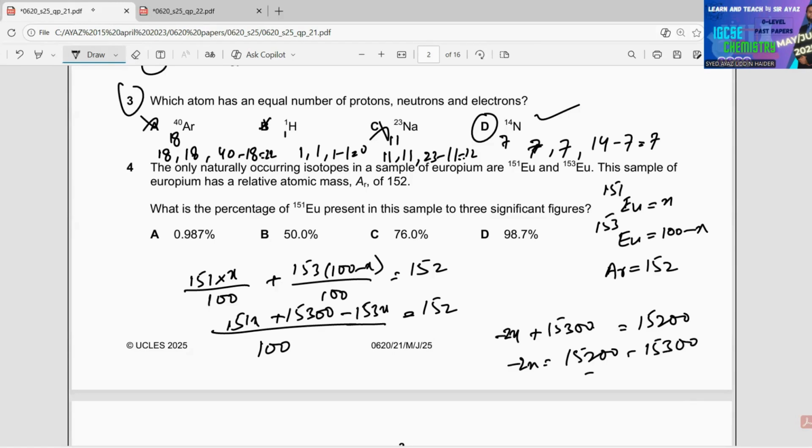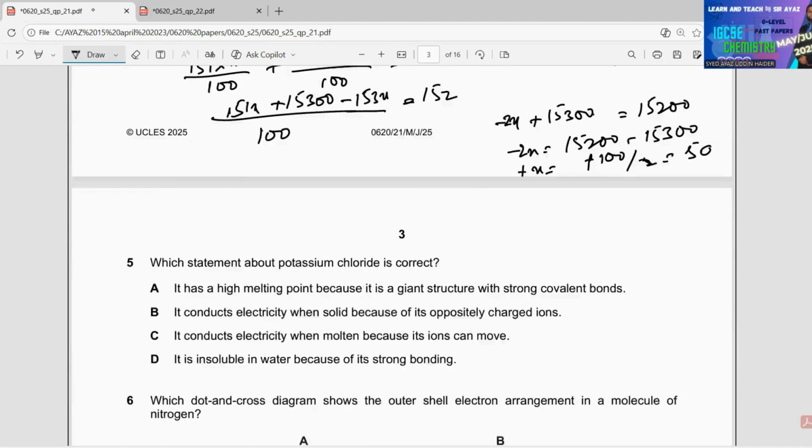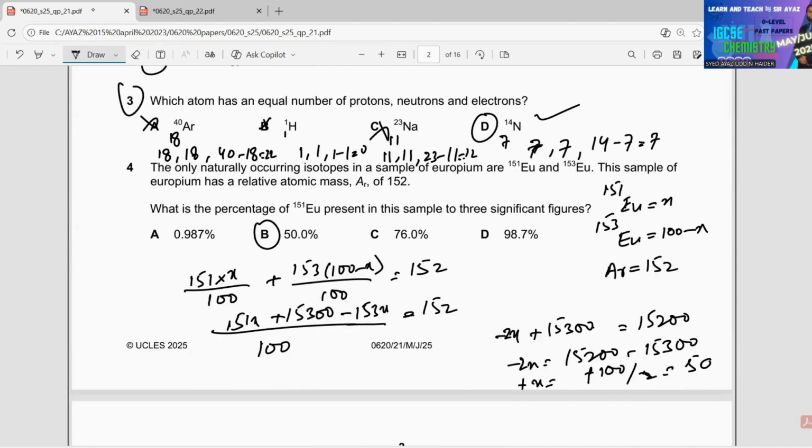This becomes minus 100. And you divide minus 100 by 2, what will you get? 50. So 50%. B must be the right answer in this case.